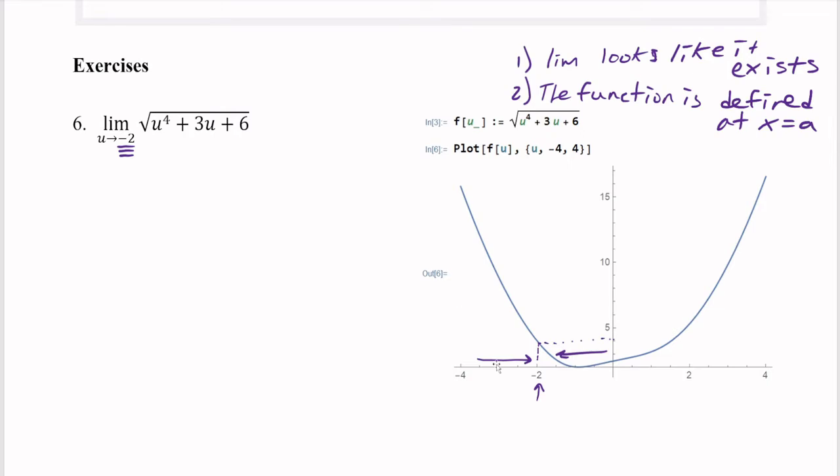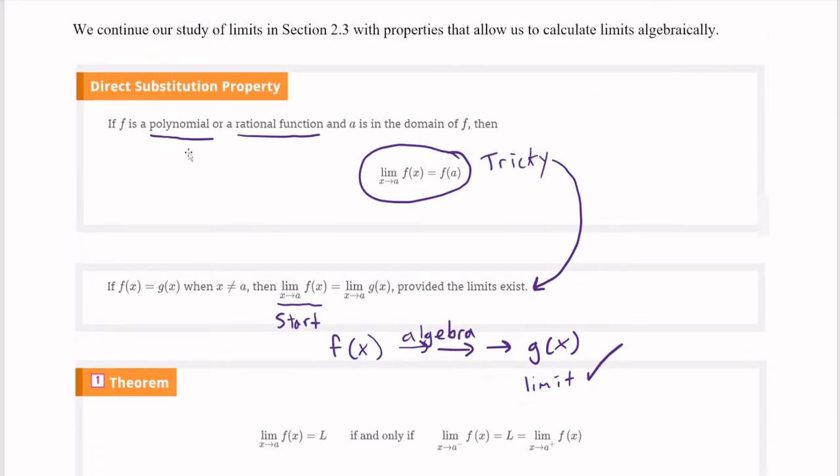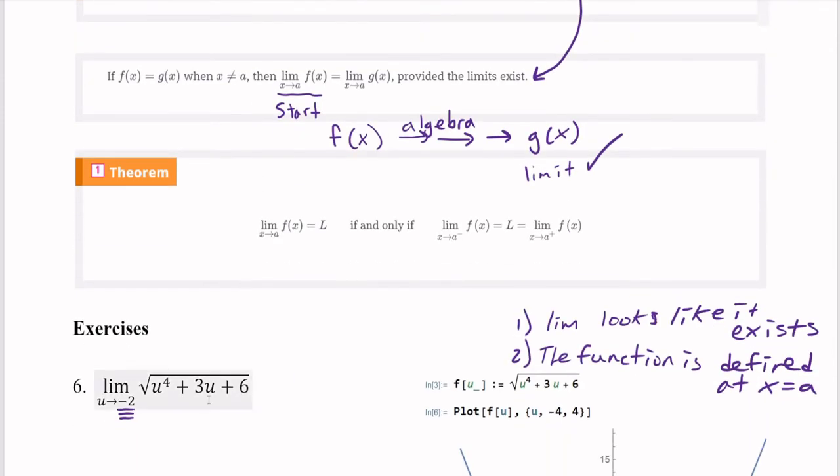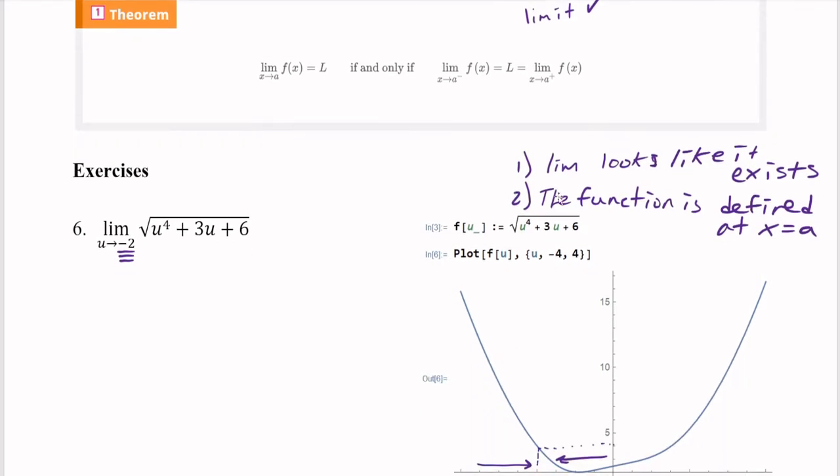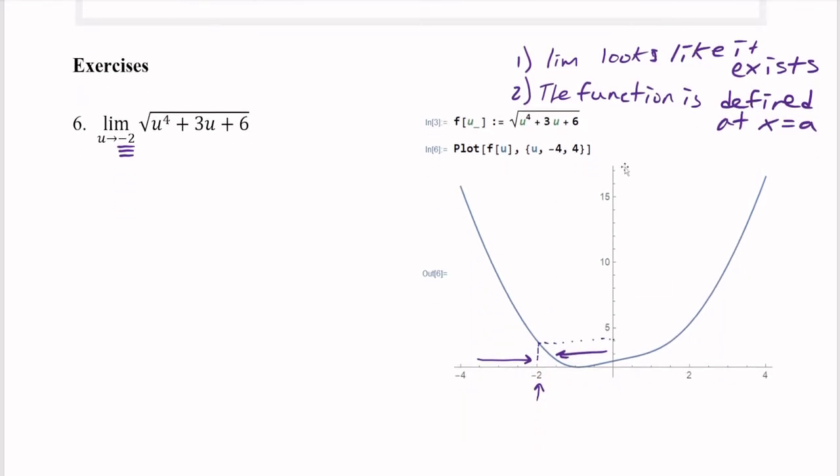And that's just us going off of this idea here, which specifically was for polynomials and rationals, right? Which we don't actually have here. But often we can still use the idea even if we don't have a polynomial or rational. So I'm looking at this picture, I'm seeing, yep, left and right looks like it's going to the same point, number one. Number two, it looks like it's defined there.